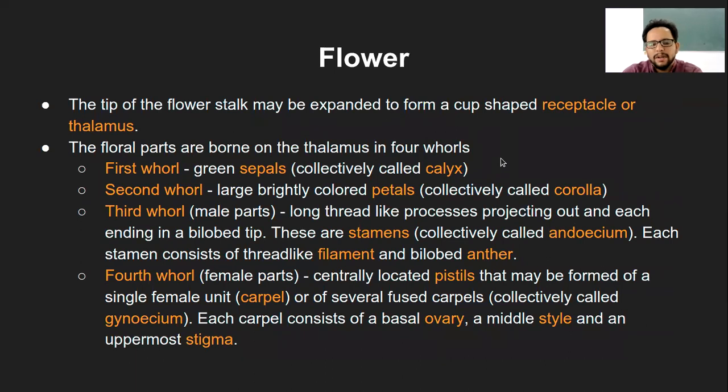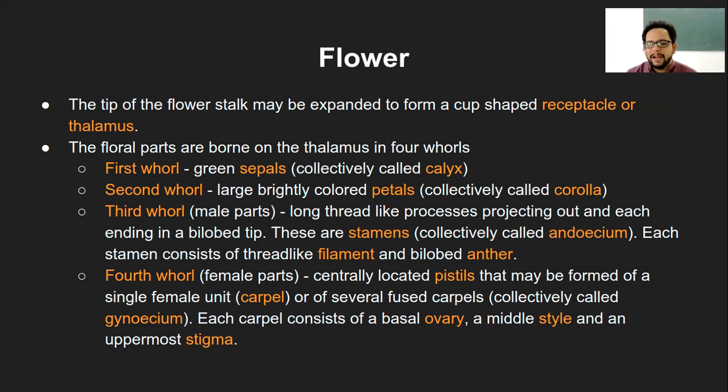Now the third whorl is the male reproductive structures of the flowering plant. And the fourth whorl is the female reproductive structures in the flowering plants. So the third whorl consists of long thread-like processes. Again, processes does not mean that it is a process. It means an extension.